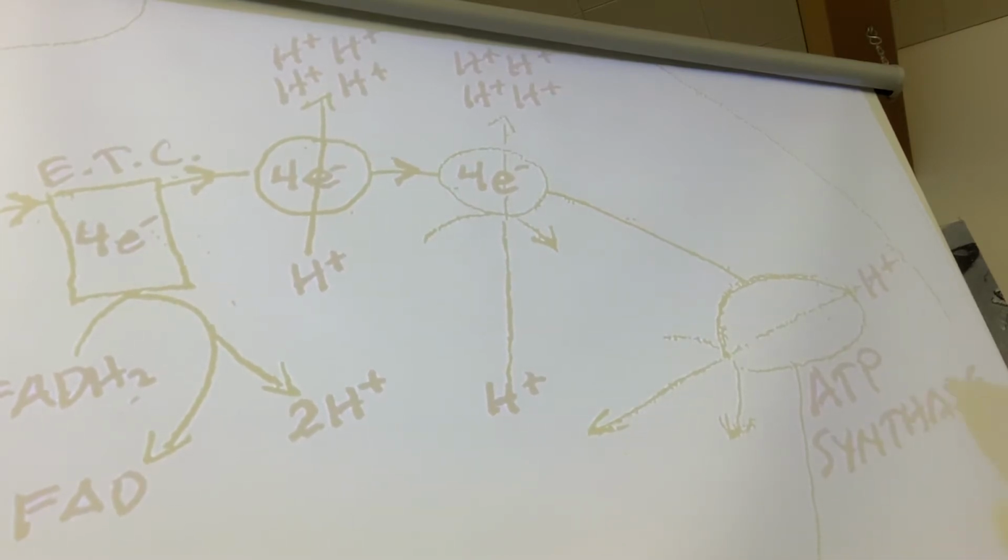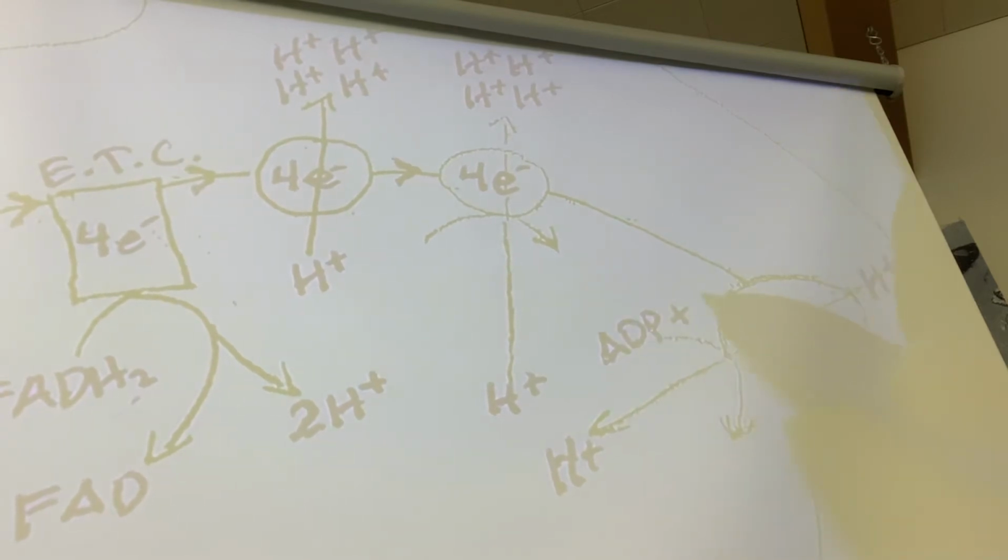At ATP synthase, my proton is going to move through the ATP synthase and come out into the matrix. As the protons move through my ATP synthase, they're going to cause it to rotate, and that rotation is going to allow it to pick up an ADP plus a phosphate group, and we're going to make ATP.